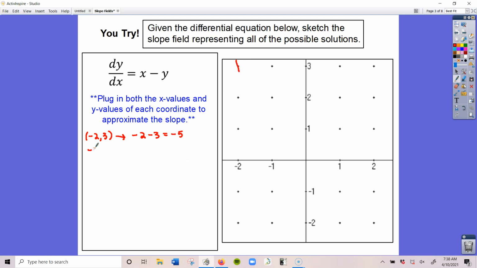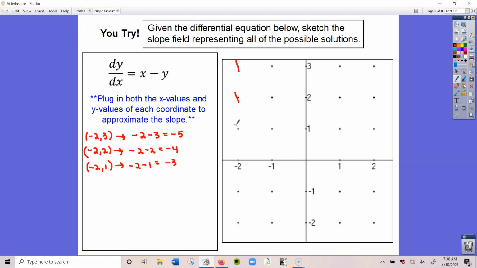Now if I plug in (-2, 2), which is the point right underneath, we would get -2 minus 2, which is -4. So again, it's not going to be as steep as this -5. So maybe a little something more like that. Kind of looks the same, but you get the picture. Now if I plug in (-2, 1), we get -2 minus 1, which is equal to -3.